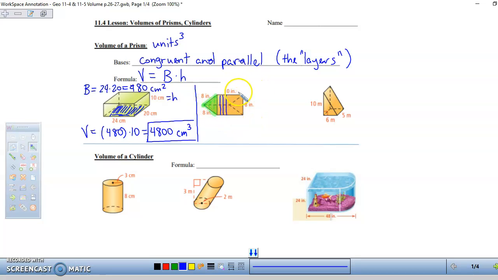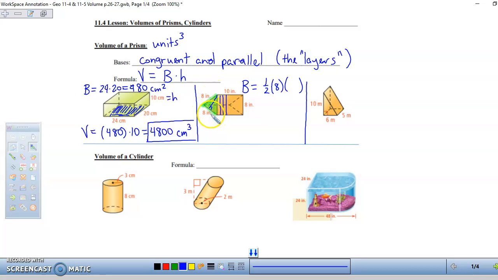To figure out the base area, the base is that equilateral triangle. Well, the area of a triangle is 1/2 base length times the perpendicular height. We need to figure out that perpendicular height, and we are going to use a 30, 60, 90 to do that.